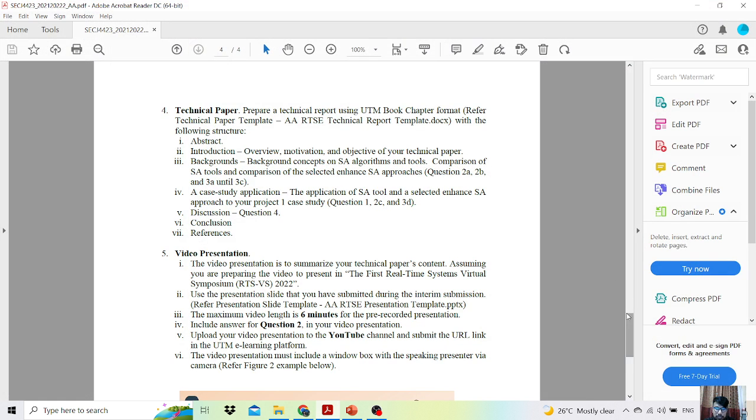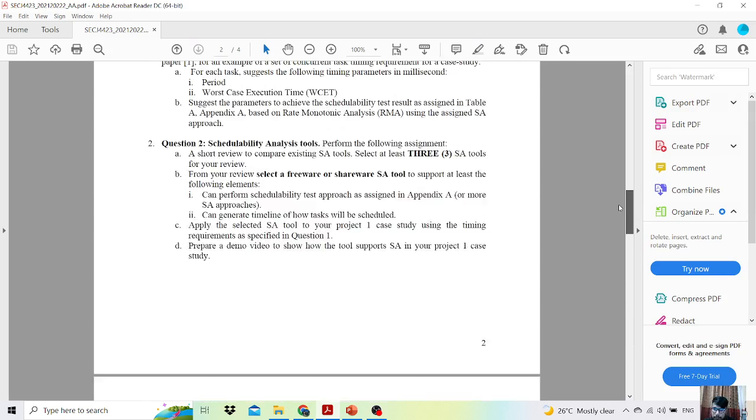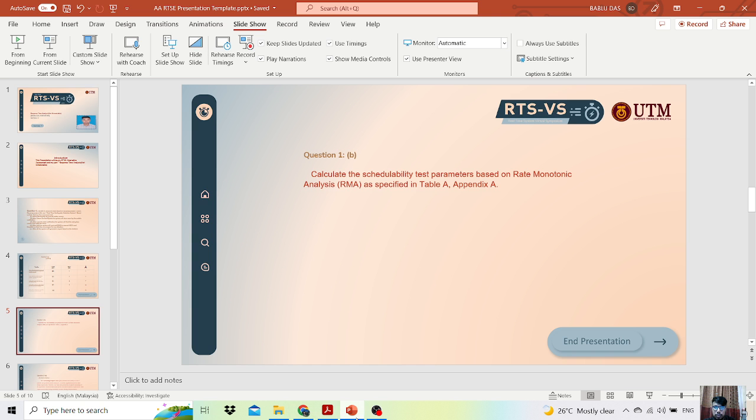The third question was to suggest the parameters of the schedulability test result and assign the table in Appendix A, calculating the schedulability test parameters based on rate monotonic analysis using the Appendix A approach.